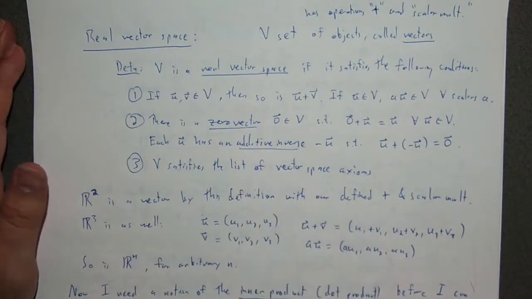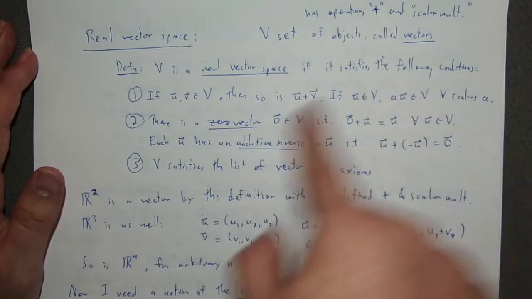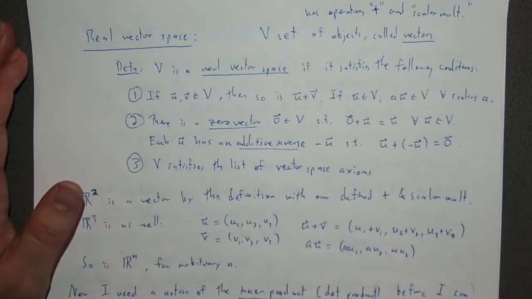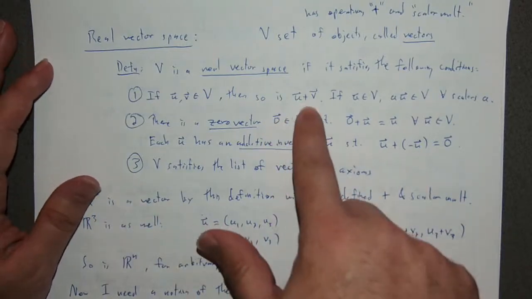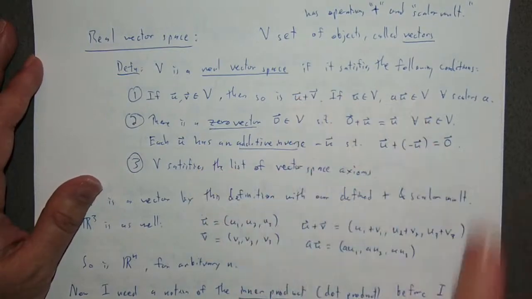So a real vector space is a set of objects we'll call vectors that has 2 operations, a plus and a scalar multiplication. Okay, and so there are a couple of properties that this thing satisfies. So one, it is closed with respect to both vector sum and scalar multiplication.